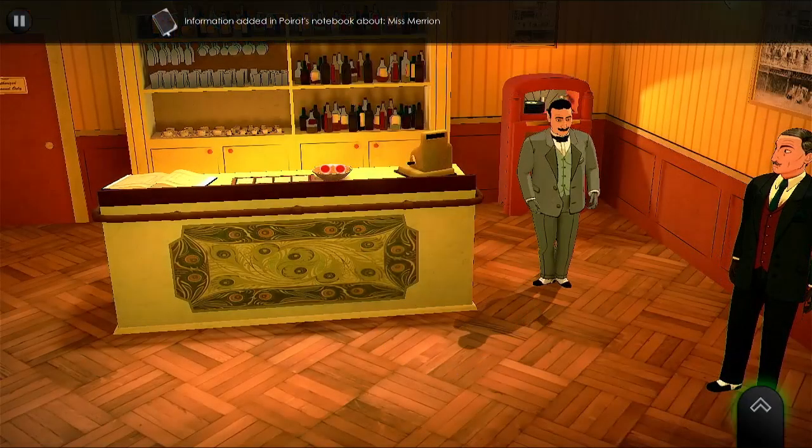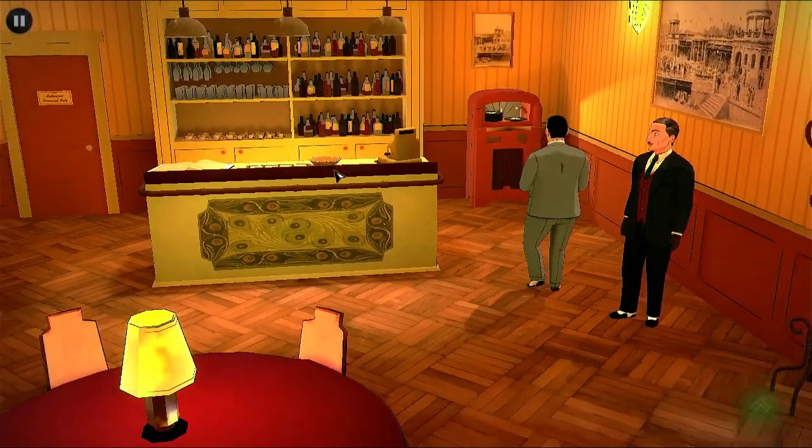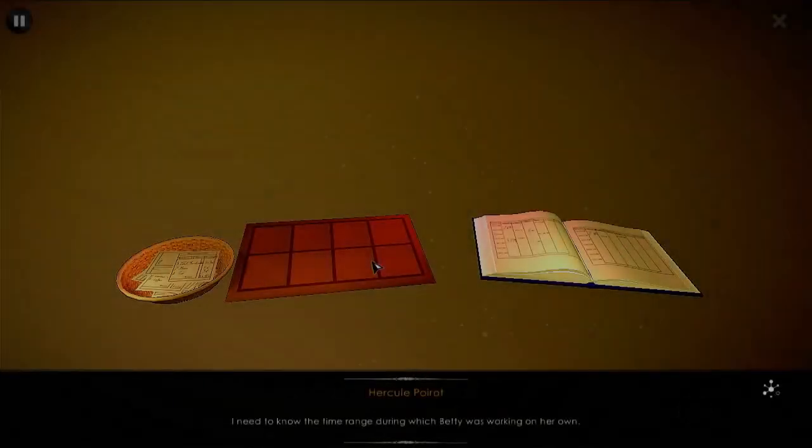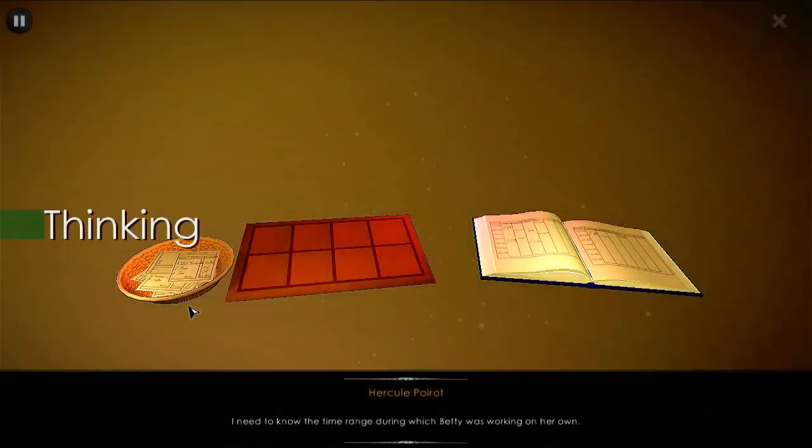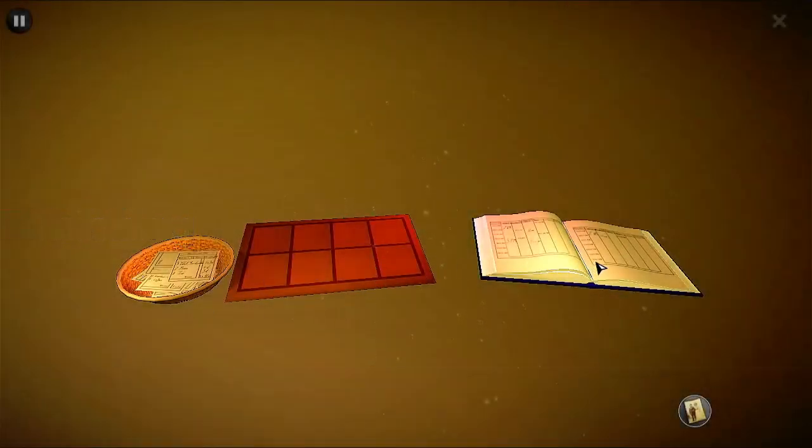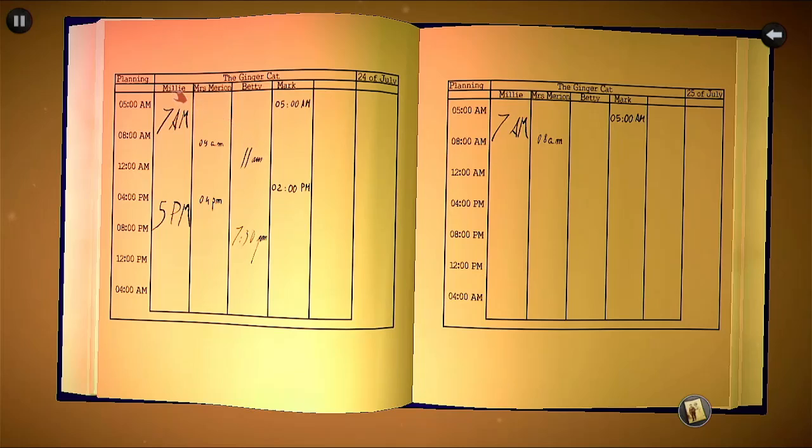Can we have a little look at the counter? I need to know the time range during which Betty was working on her own. Let's have a look. Where's Betty? 11 a.m. and 7:30 p.m. So I'm assuming if it happened in the evening, she didn't come home from work.